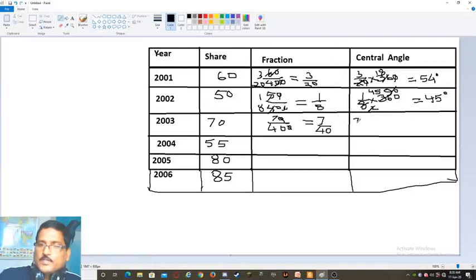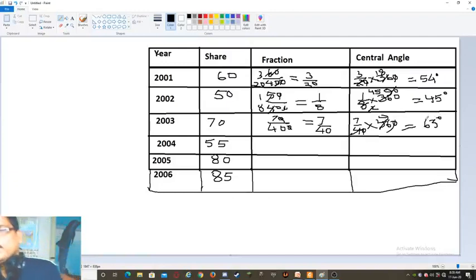Now 7 by 40 into 360, okay, 40 cut by 4, 9, 9 7s are 63 degree. So while drawing the angle using the protractor, you have to be very careful. You have to draw 63 degree to represent the production of the crops in the year 2003.